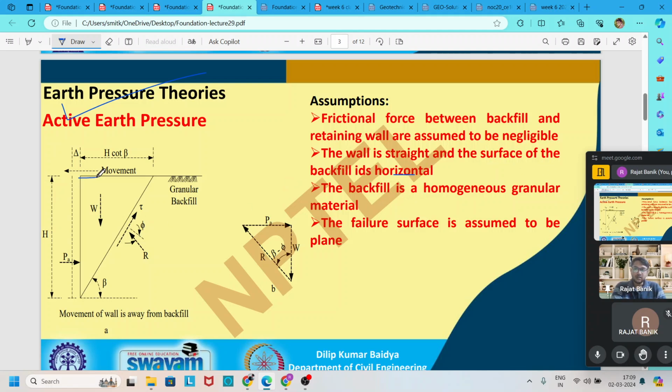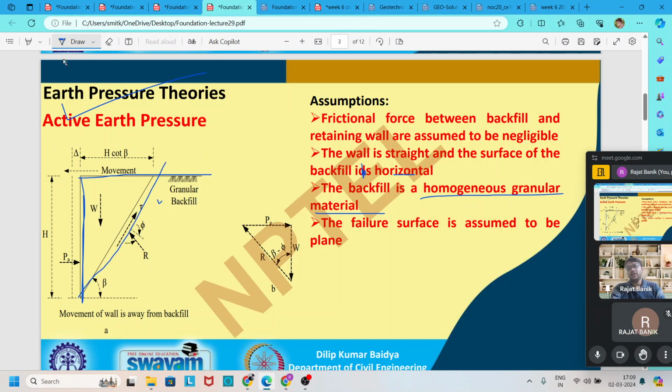The backfill material is homogeneous granular soil, and the failure surface is assumed to be plane, so a straight failure surface is assumed.